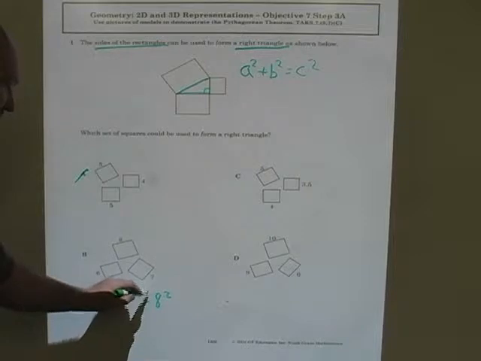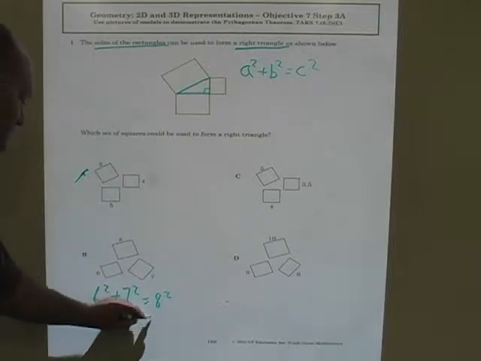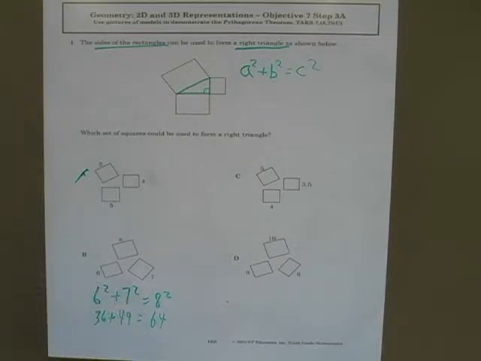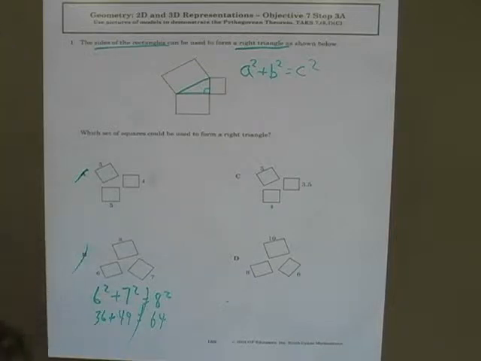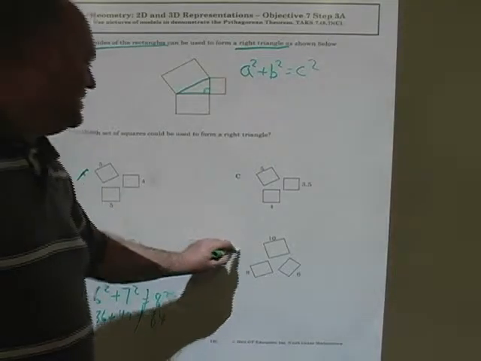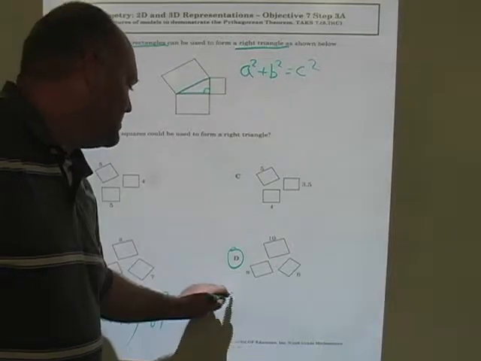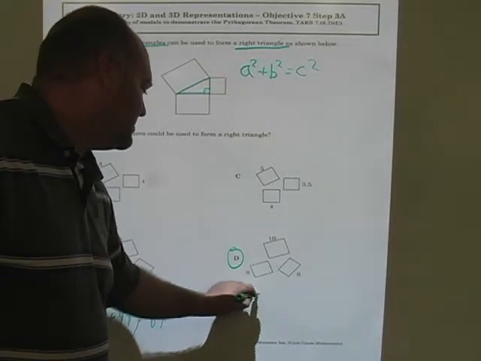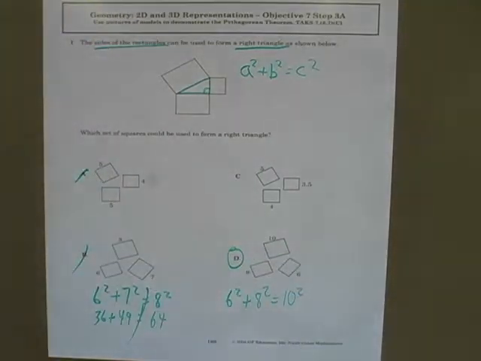Just work the math. You get 36 plus 49 equals 64. That's not true. Okay? So those aren't equal. That one's wrong. And you test them until you find one that works. Answer D is the answer because 6 squared plus 8 squared equals 10 squared.